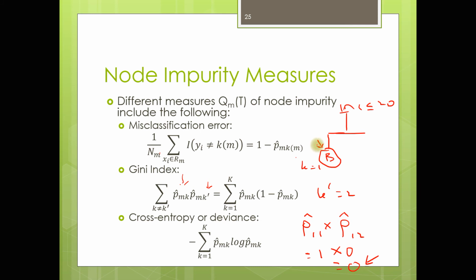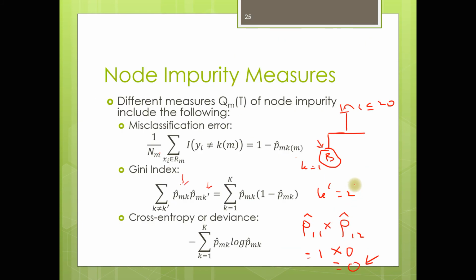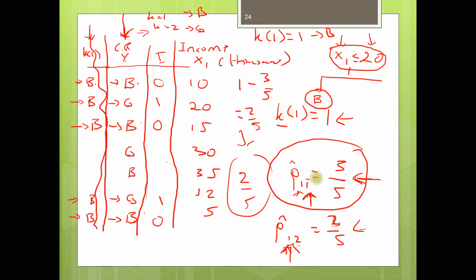It means that it is the purest node ever. But in the previous example that we took here, you saw already that it would not be equal to 0, because if you take 3 out of 5 multiplied by 2 out of 5, you will not get 0. But still, in this example, we have been able to classify either as good or bad because they are not equal.